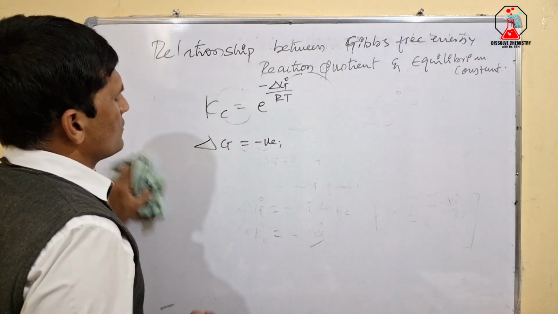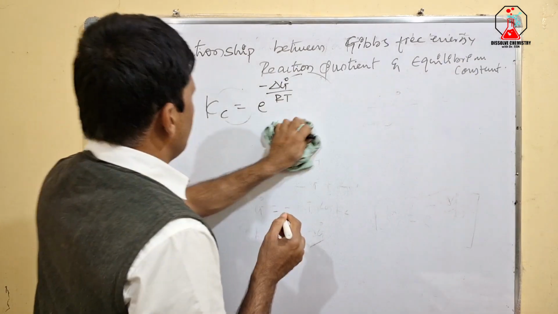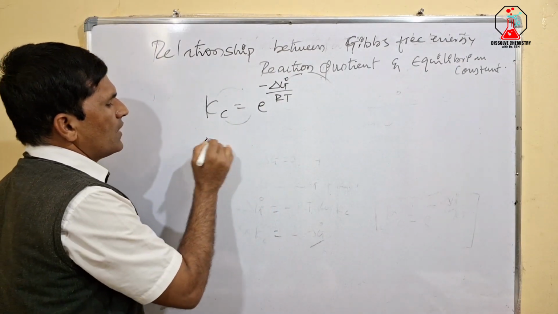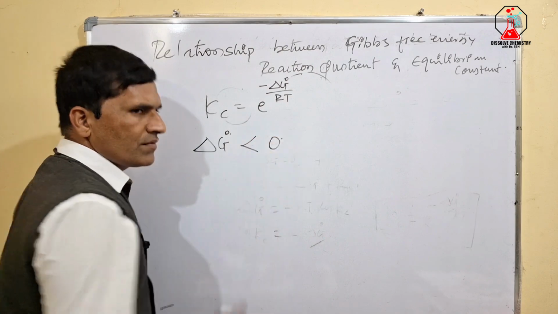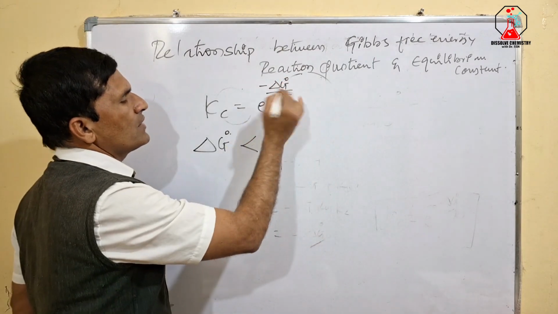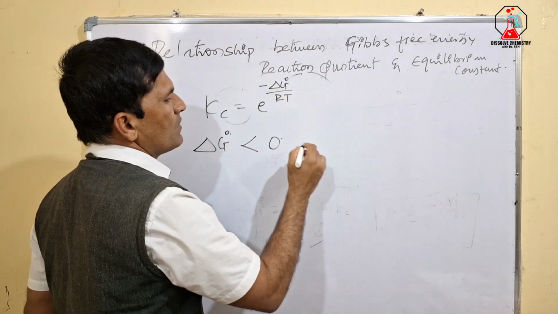If delta G naught value is negative, meaning it is less than 0, then overall these terms become positive.